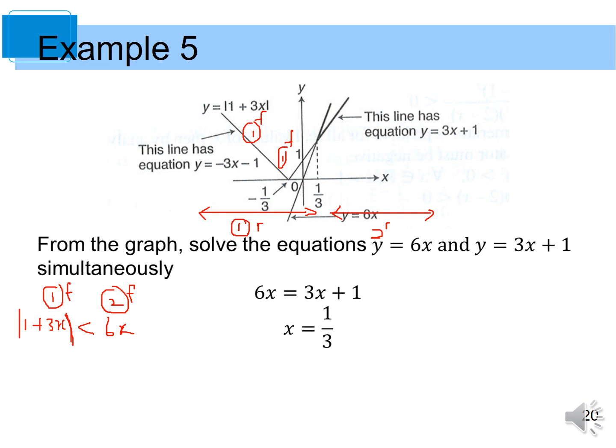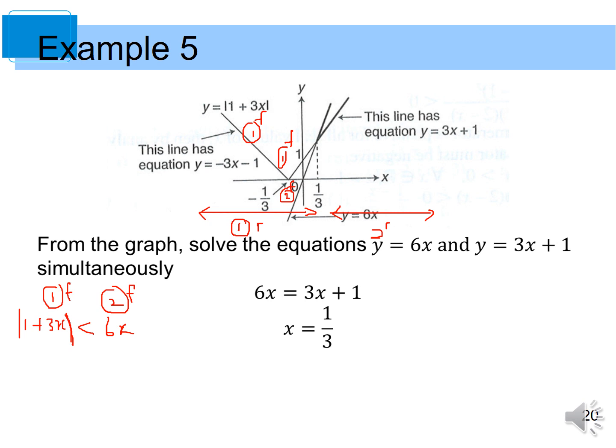So this line is the second function. You see, the first function is higher than the second function. So, meaning that the first interval is not the required region, because our question is the first function less than the second function. So look at the second region.